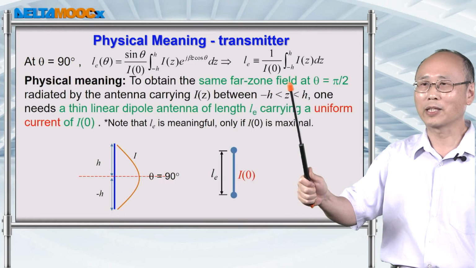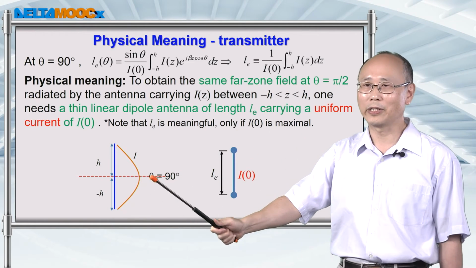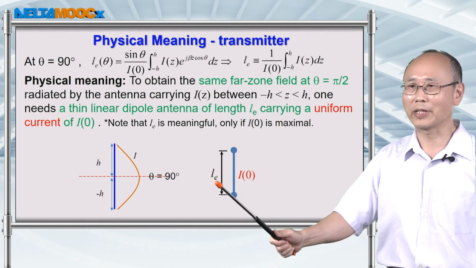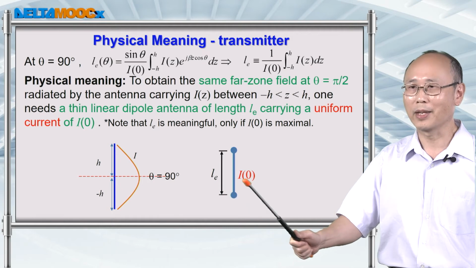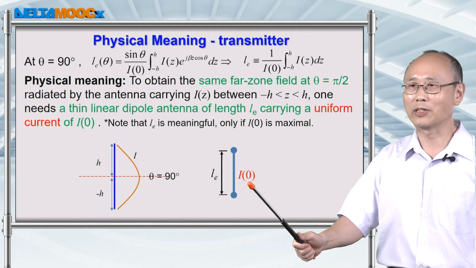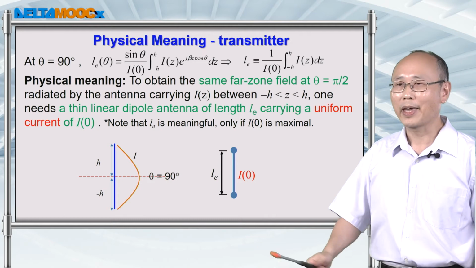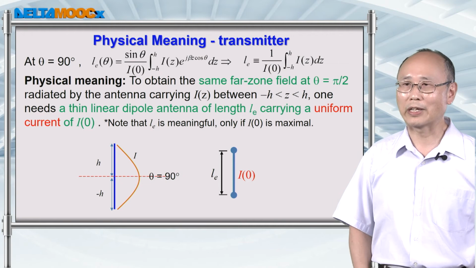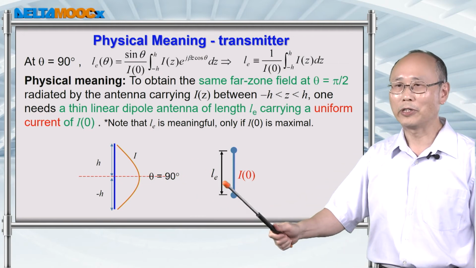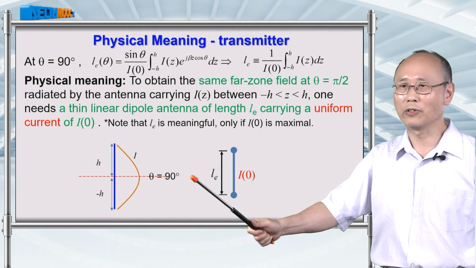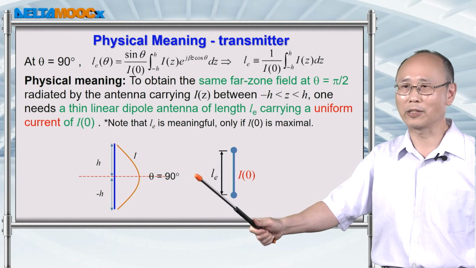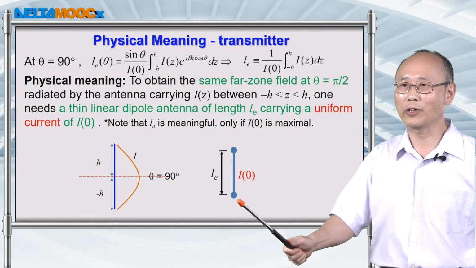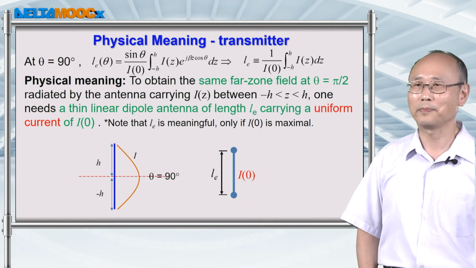And this one tells you that we can model this radiation with a short section of antenna with the effective length equal to LE with the current of I0 on this antenna. And this current is going to be a uniform current. So conceptually, it's going to be easier because the radiation field in the far zone along this theta equal to 90 degree direction can be considered as the radiation field generated by this simplified antenna.